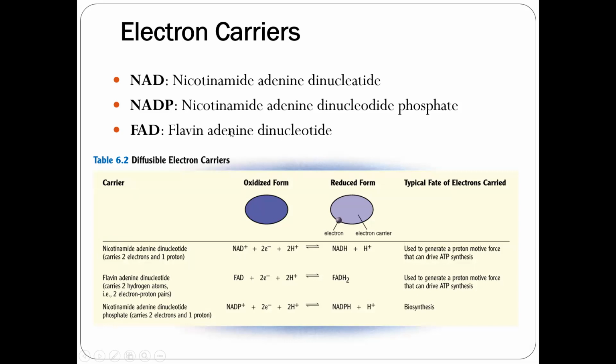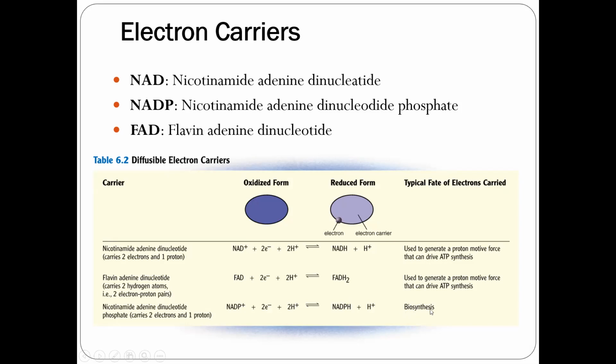Now, very important information here. NAD and FAD are used during the catabolism process. They promote a proton motive force, which I mentioned earlier, and trigger ATP synthesis. So these two are generated through the catabolism process, but NADPH is different.